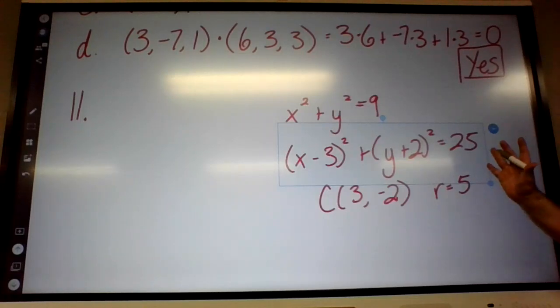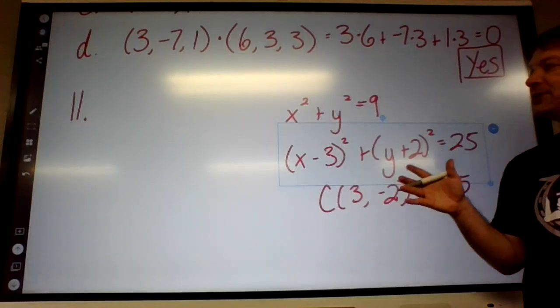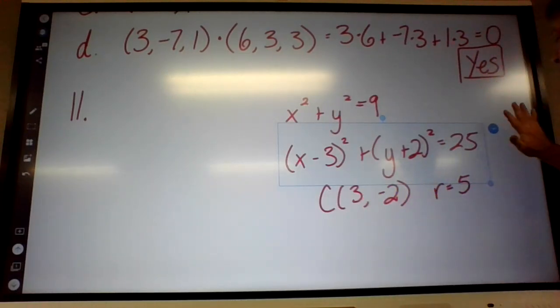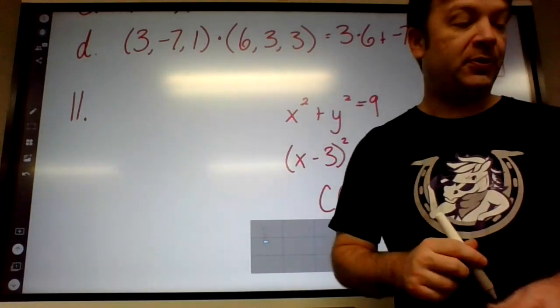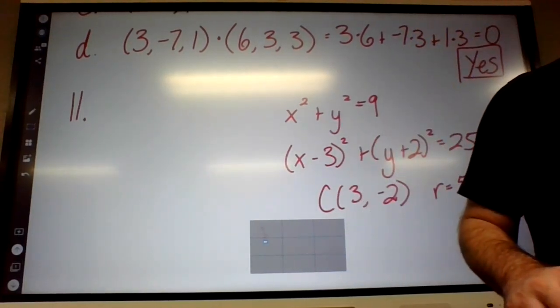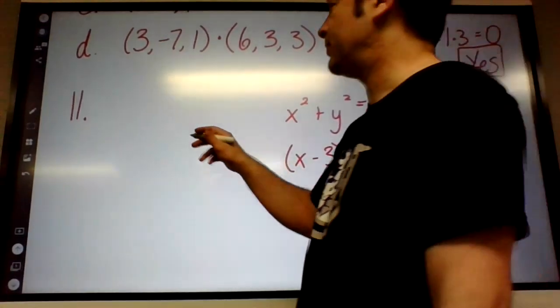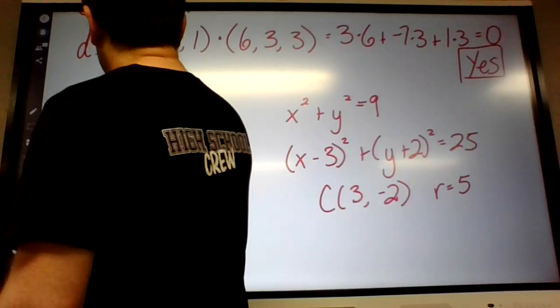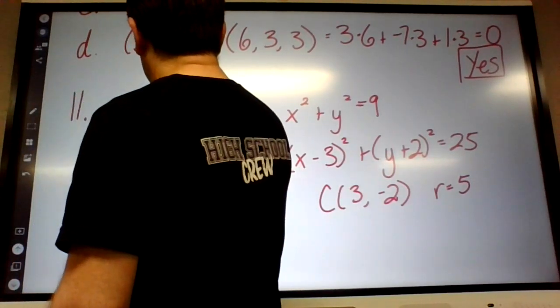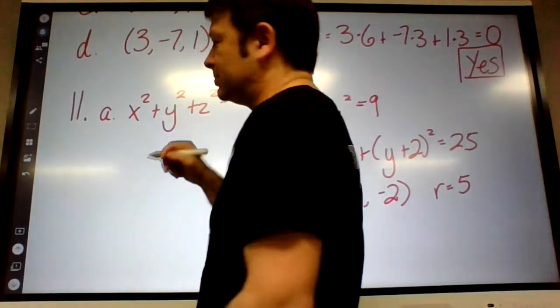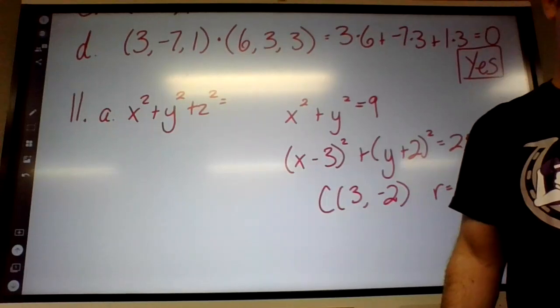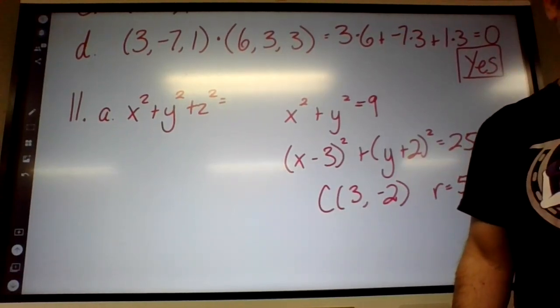Okay, so the same rules apply in 3D with a sphere. So the equation looks almost the same. On 11 they want, if the origin is the center for A, so you just do x squared plus y squared plus z squared.